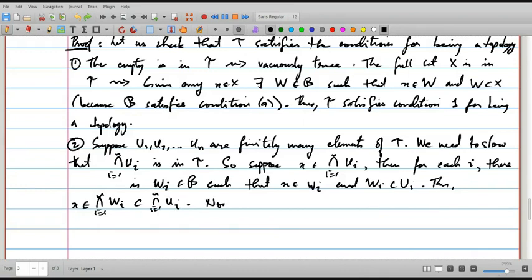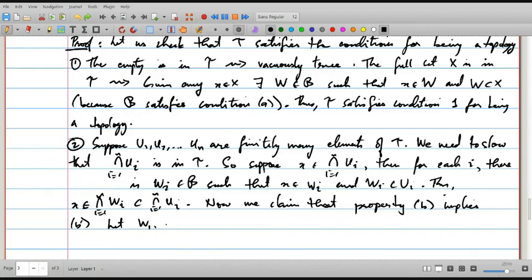So now we claim that property B in the statement of the proposition implies the following property B prime.